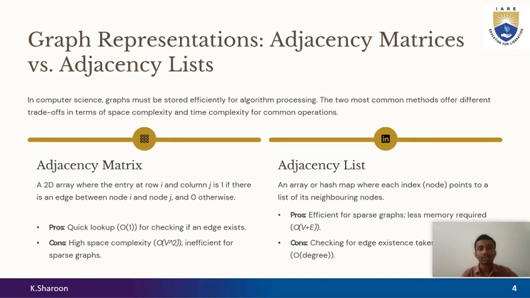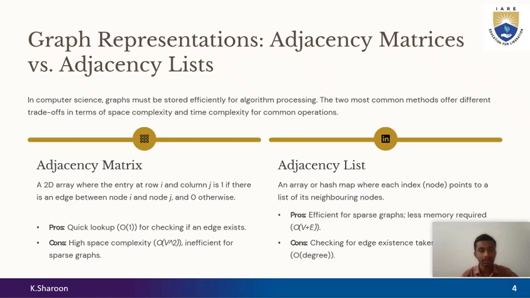Graph representations: adjacency matrices versus adjacency lists. In computer science, graphs must be stored efficiently for algorithm processing. The two most common methods offer different trade-offs in terms of space complexity and time complexity for common operations.